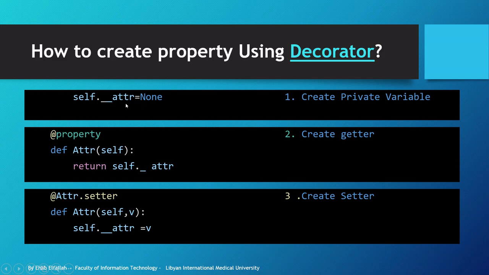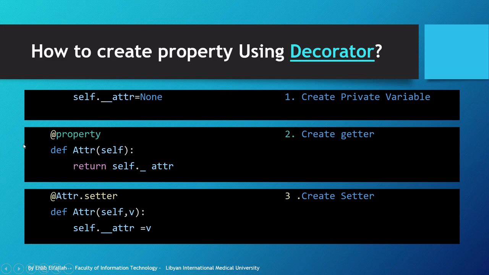A private attribute means we cannot access the attribute from outside the class; only inside the class can we access it. So this is the first step. The second step is to create the getter. The getter is how to return the value of this attribute. We use the at sign, @property. This is called a decorator in Python.